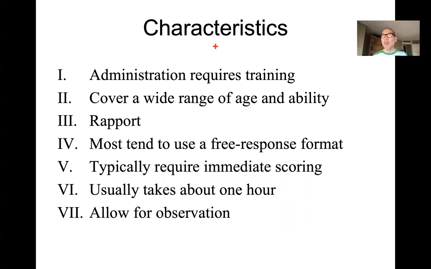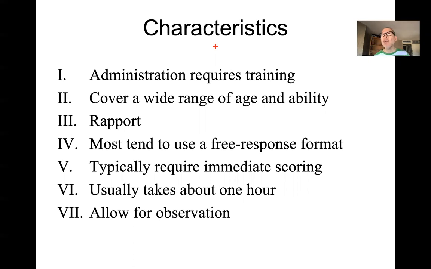But also a real big part is that scoring occurs while the examinee is giving responses. And based on the scores, the examiner presents different tasks, or will start or end a particular subtest earlier or later, depending on the answers that are given. So you need an actively involved examiner administering these types of tests.